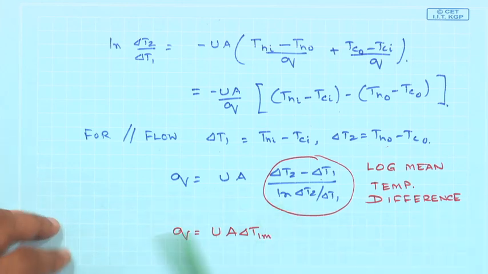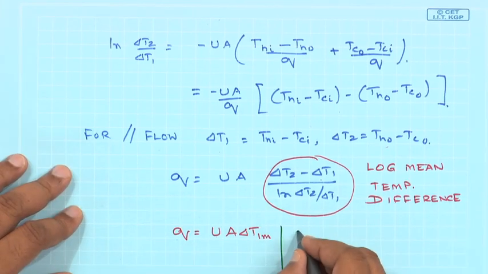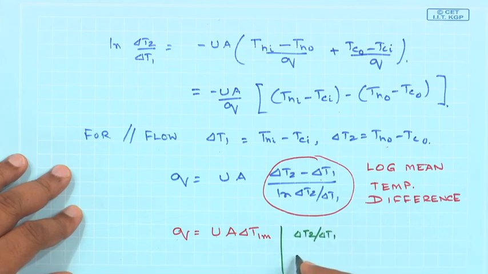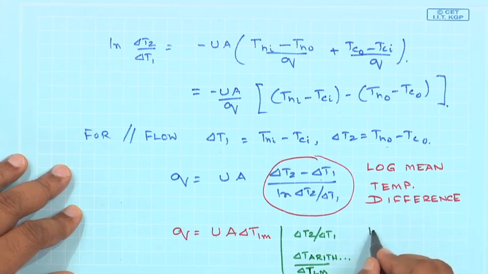However, if I look at delta T 2 by delta T 1 and find out delta T arithmetic divided by delta T log mean, what you see is when it is 1, obviously there is no difference.